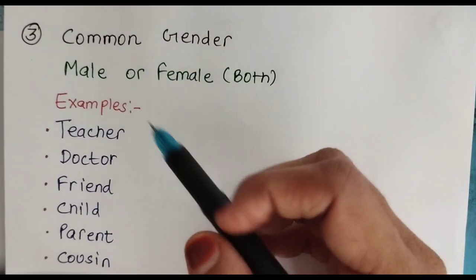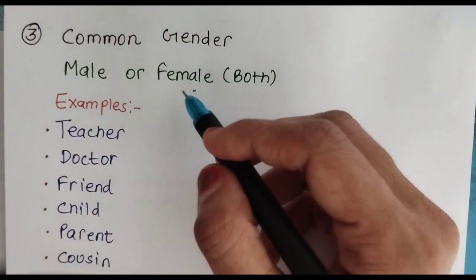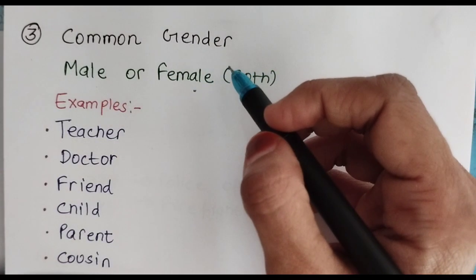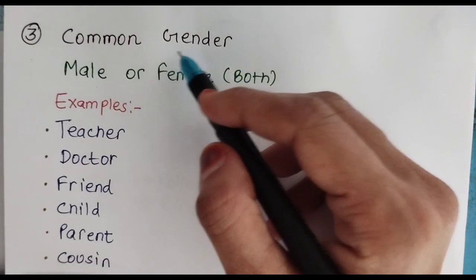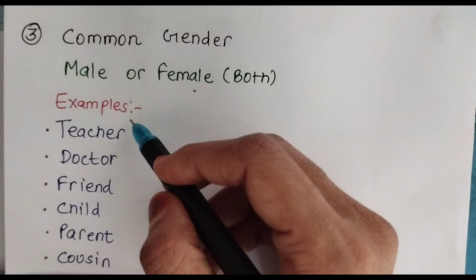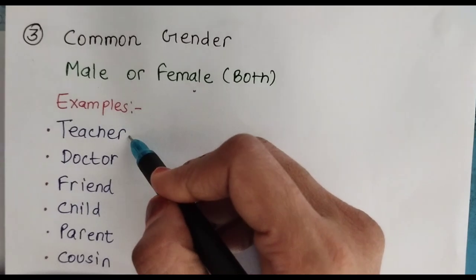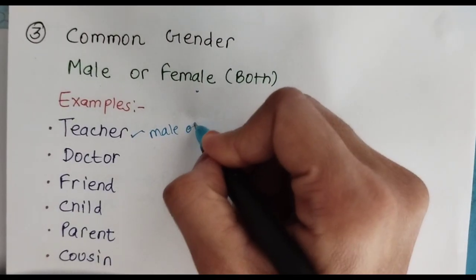The next is the common gender. Common gender is used for both male or female. We cannot identify whether it's a male or female, so we use the common gender here. For example, teacher. A teacher can be a male or a female, like sir or ma'am.